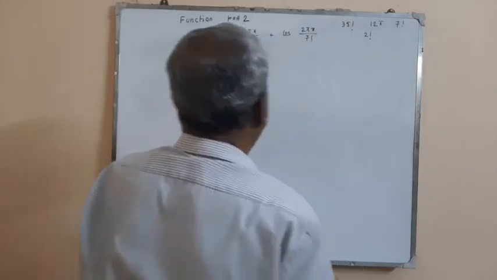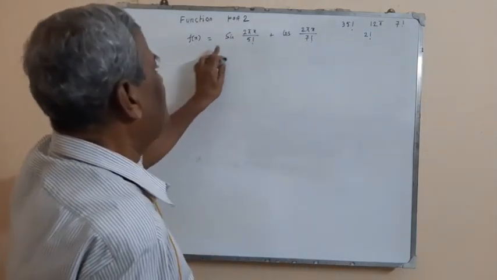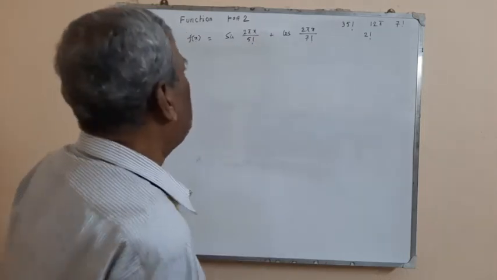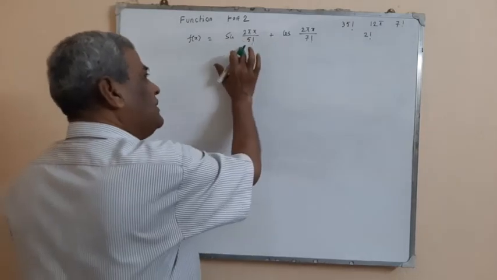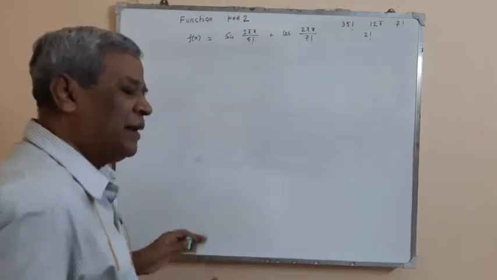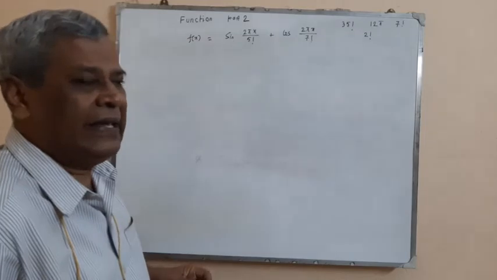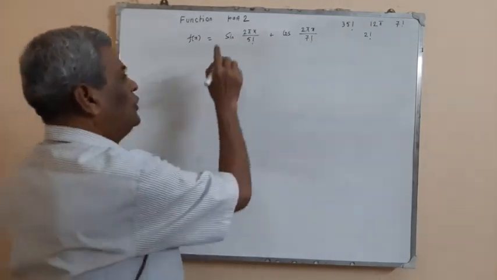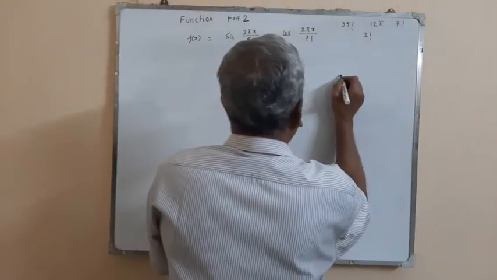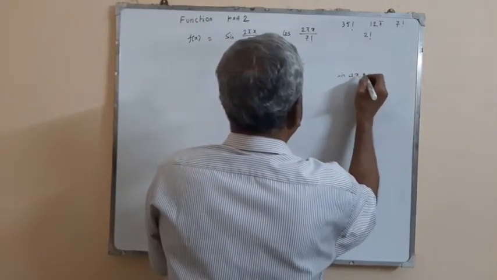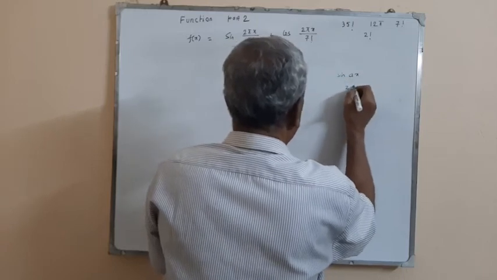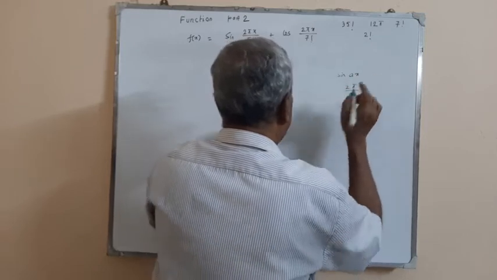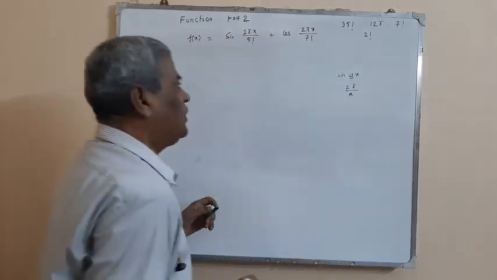In the present problem, f(x) is sine of something plus cos of something, both are periodic. Therefore, we have to calculate the period of this and the period of that, and after that the LCM of the period of this and that is the answer. Now it is of the type sin(ax), its period is 2 pi by a, because the period of sine is 2 pi, and a means the coefficient of x.